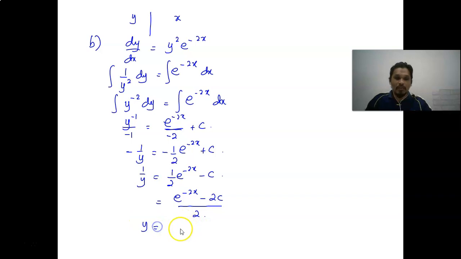Then y equals 2 divided by e to the power of negative 2x minus 2c. This is it.